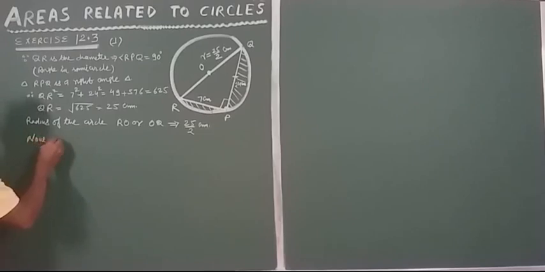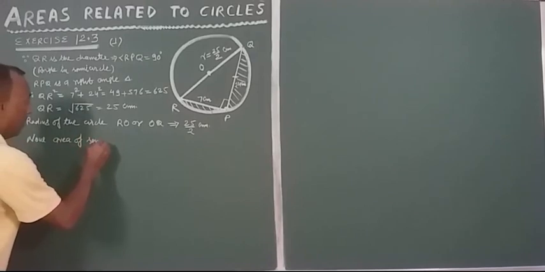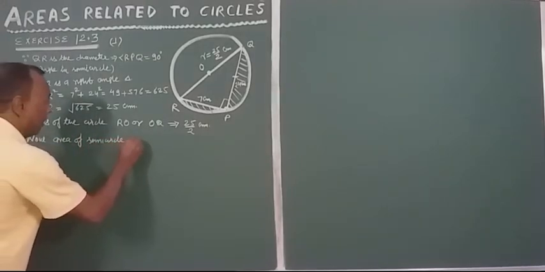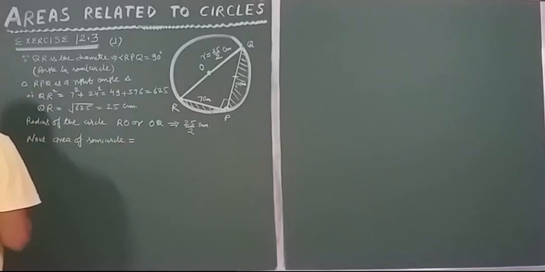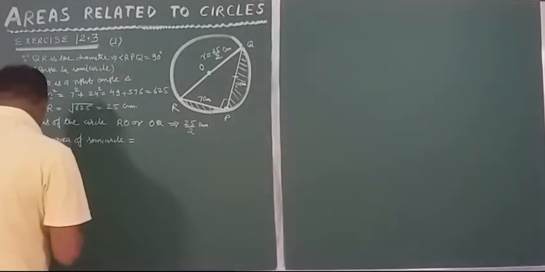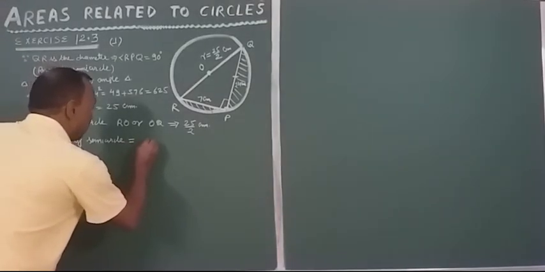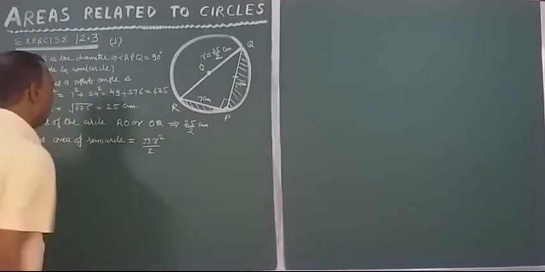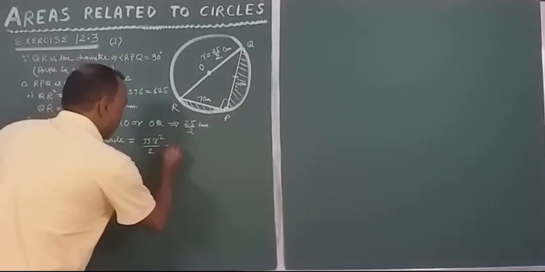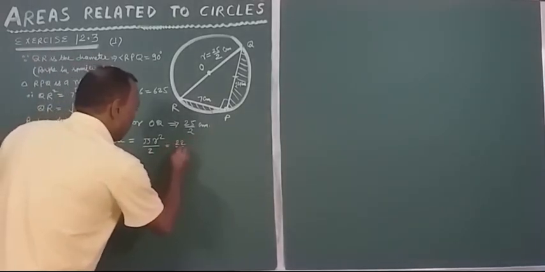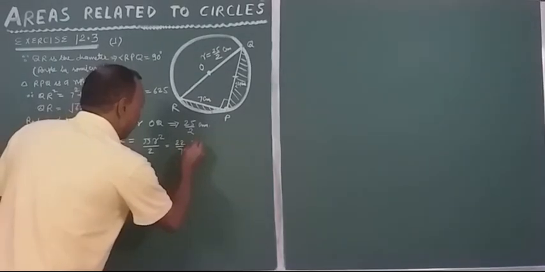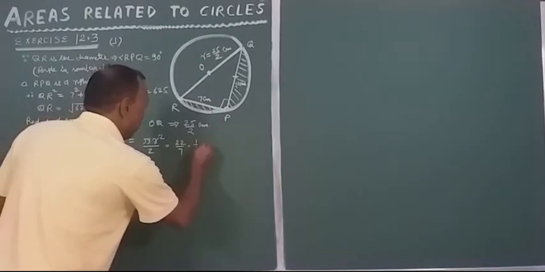Now first, area of semicircle, pi is not mentioned there. Area of semicircle is 1 upon 2 pi r square, that is 22 upon 7 into r square into half.